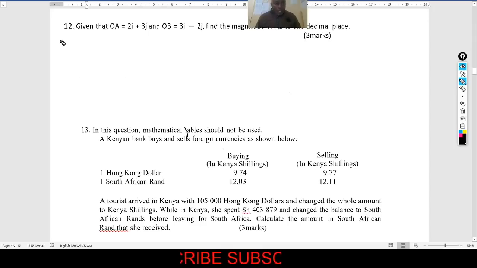So first of all, we need to find AB vector. To get our AB vector, we know AB is B minus A. Our B is the column vector 3, negative 2, minus A, which is 2, 3.